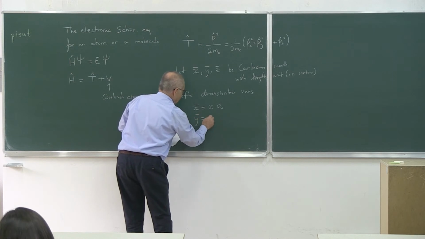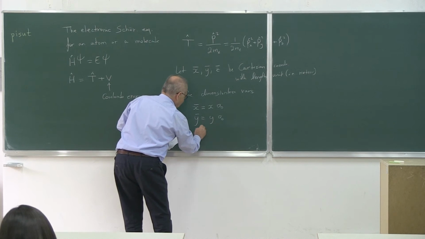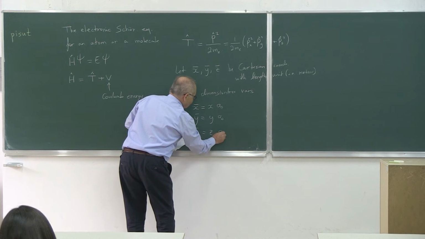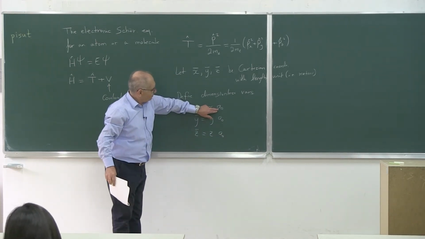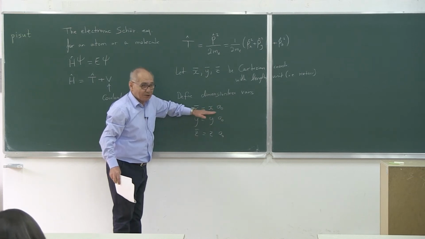Similarly, y bar is y times Bohr radius, and z bar is z times Bohr radius. We are going to take the unit for length as the Bohr radius. That's why we are doing this.